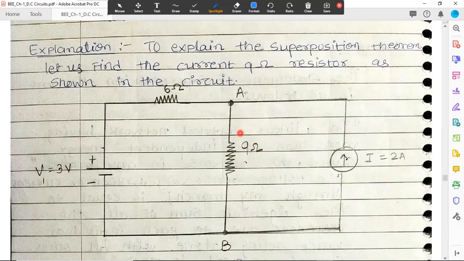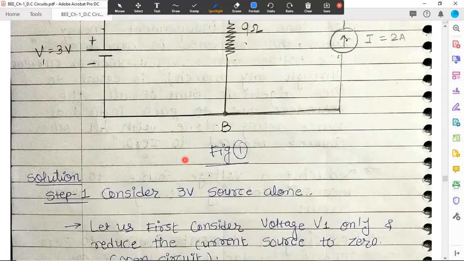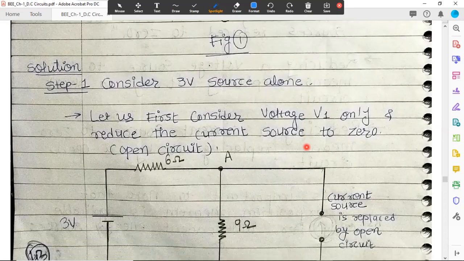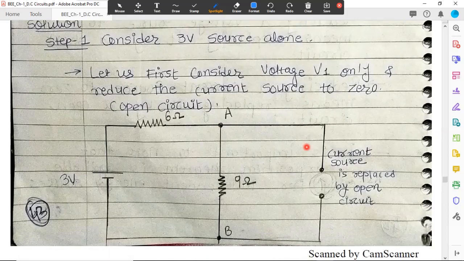So first of all, we have to find the current in the 9 ohm resistance due to both sources acting alone in the network. So first of all, we consider only the 3 volt source alone and replace that current source by an open circuit. So now we will find the current through that 9 ohm resistance due to only the 3 volt source.